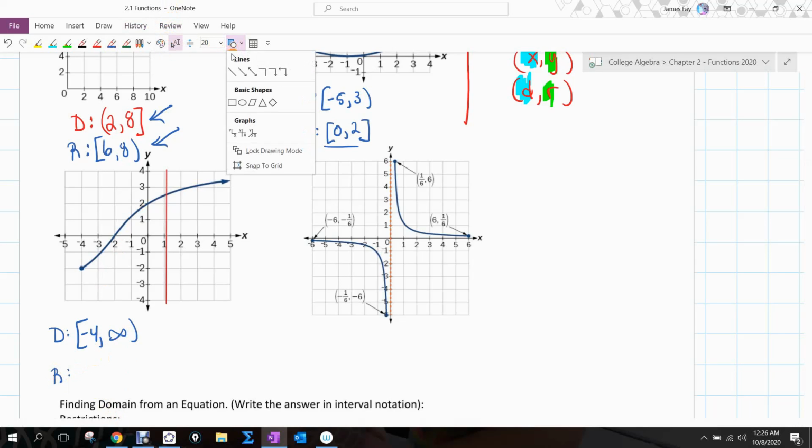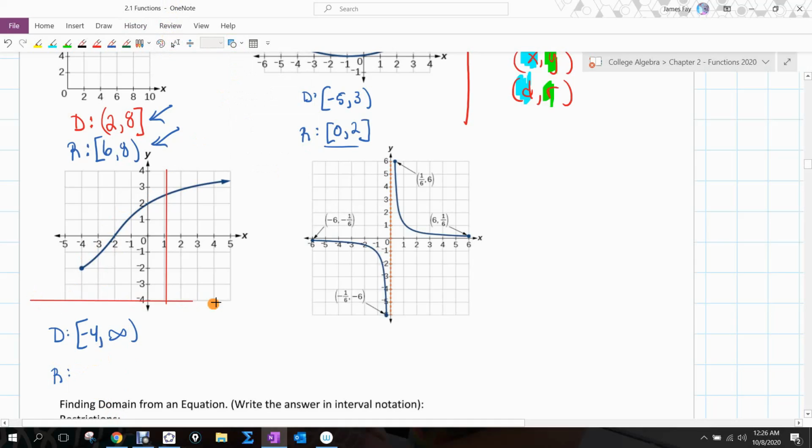Okay, so here we're using the horizontal bar. Moving from bottom up, first Y value I come in contact with, -2. Now, as I move this up, obviously I stop intersecting there, but think about what this arrow means. This arrow means that graph's going to keep doing what it's doing, and there will be a point right there that the horizontal line intersects.